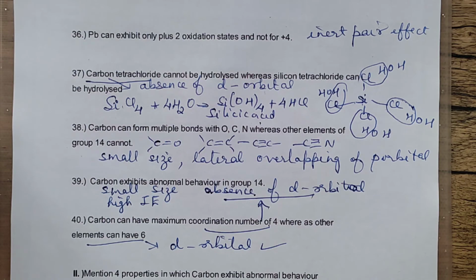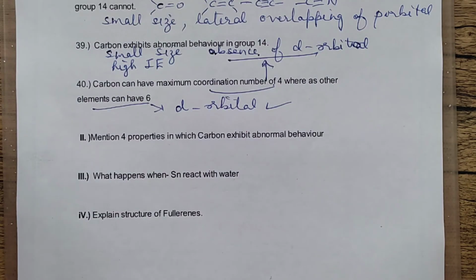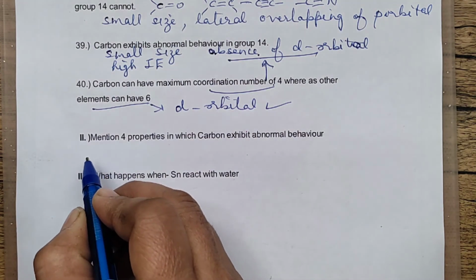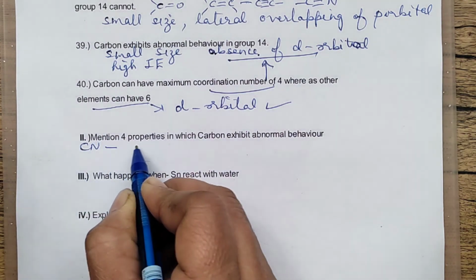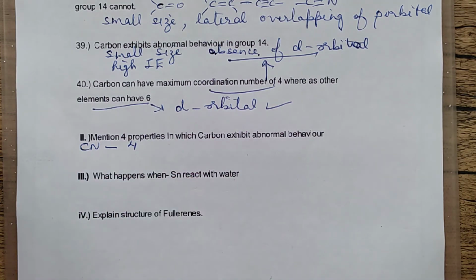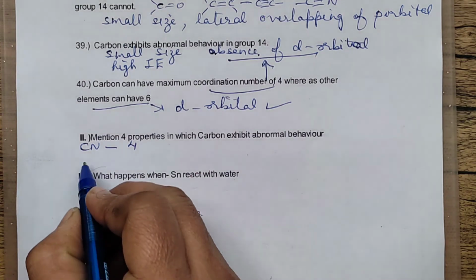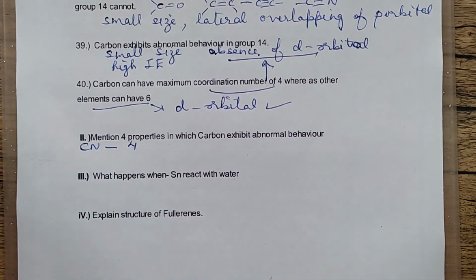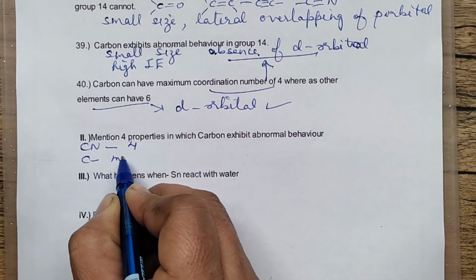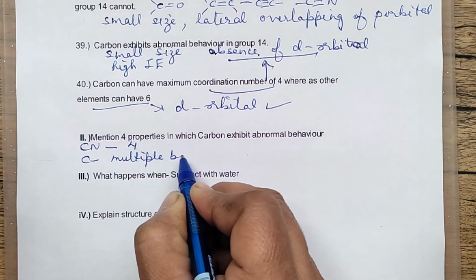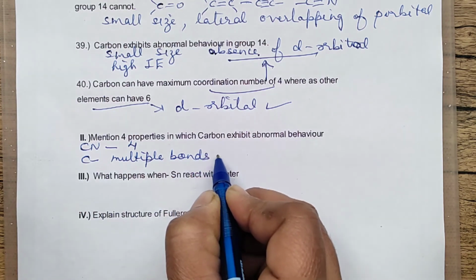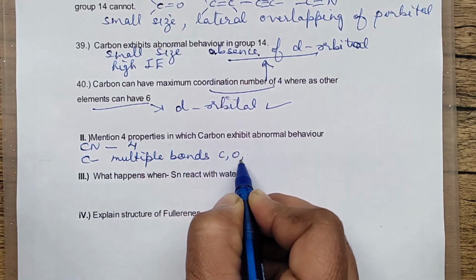Mention 4 properties in which carbon exhibits abnormal behavior. So whatever properties you have listed, you can mention. One, you can talk about coordination number. Coordination number 4, that is the maximum carbon can show. That is one of the abnormal properties. You can also write that carbon can form multiple bonds with small elements like carbon, oxygen, nitrogen.